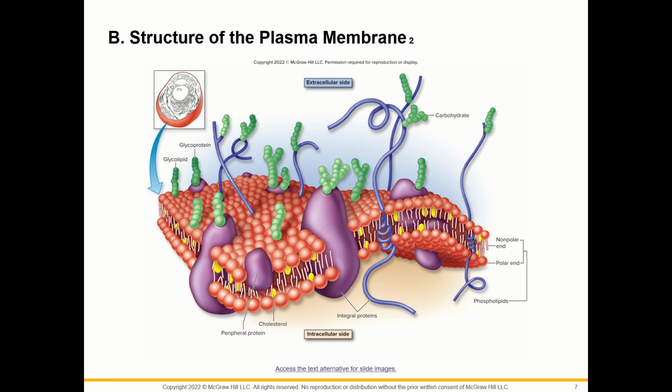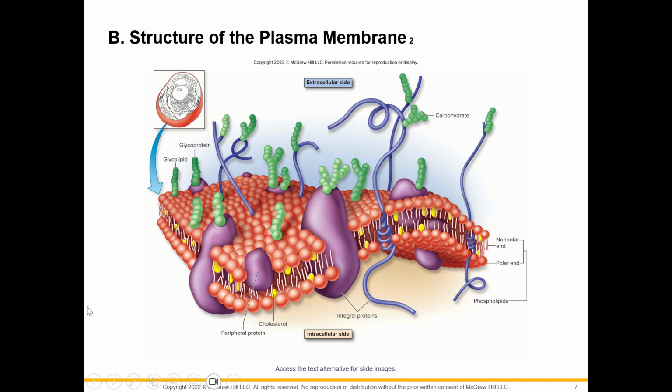Here we see the structure of the plasma membrane. This is figure 3.2 in your book, and it's that fluid mosaic model. It says the membrane consists of a double layer of phospholipids with the polar regions shown by the spheres oriented outward. So we've got the extracellular side and the intracellular side, and the hydrophilic polar regions are oriented towards those because they're a watery environment.